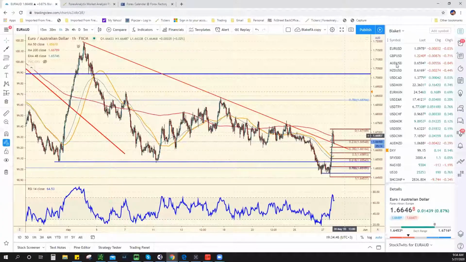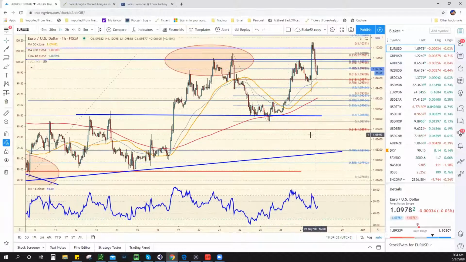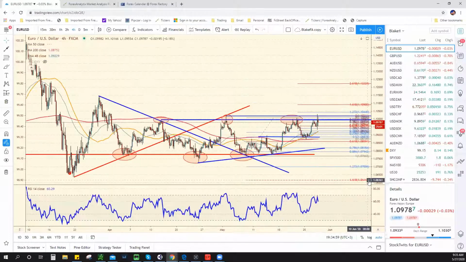So let's talk about the market. First of all, the euro dollar. You're probably wondering, why isn't the euro holding the breakout, or is it even a breakout? Look, I'm in the camp that I'm buying euro on crosses selectively, and I have some euro dollar exposure. I'm not very aggressive because it wasn't the news that I was really looking for.